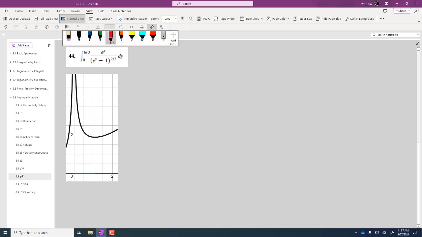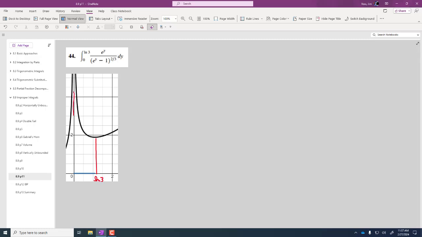Okay, so here we've got a right endpoint that's at natural log of 3 and a left endpoint that's at 0. So we're going to create a C value right there.